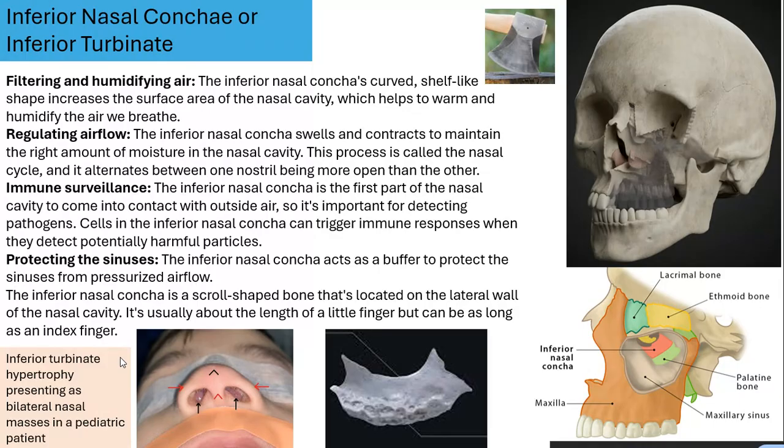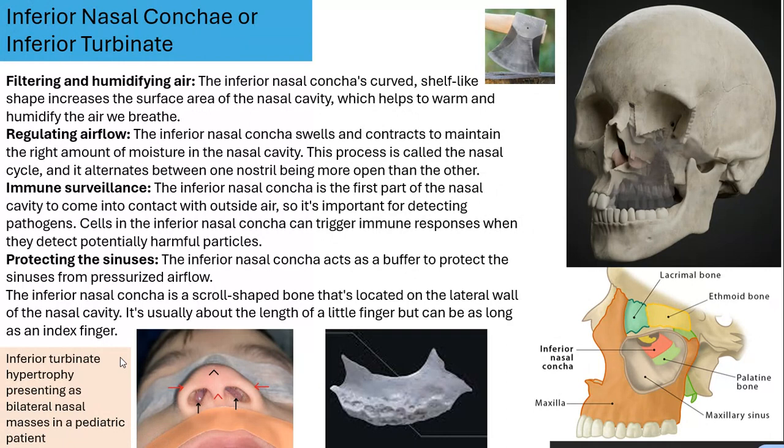Filtering and humidifying air: the inferior nasal concha's curved, shelf-like shape increases the surface area of the nasal cavity, which helps to warm and humidify the air we breathe. Regulating airflow: the inferior nasal concha swells and contracts to maintain the right amount of moisture in the nasal cavity. This process is called the nasal cycle, and it alternates between one nostril being more open than the other.